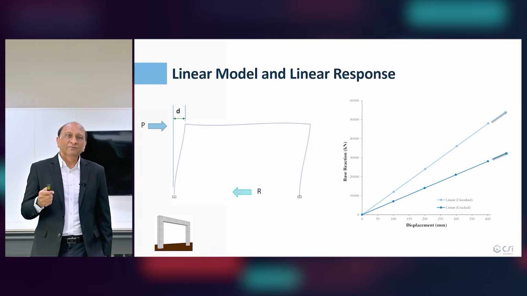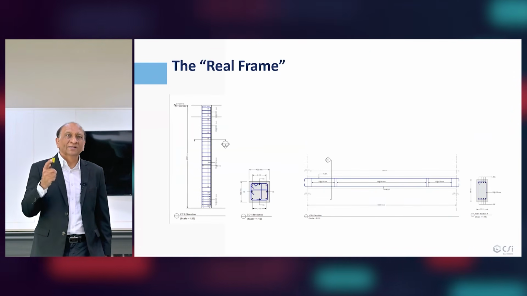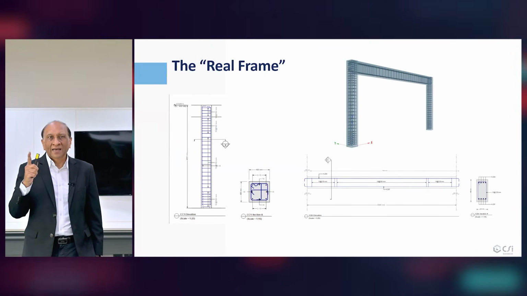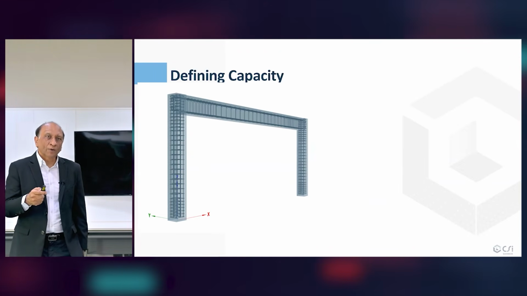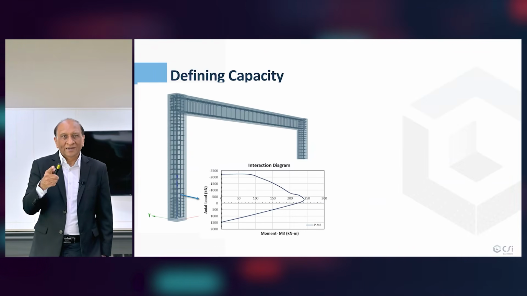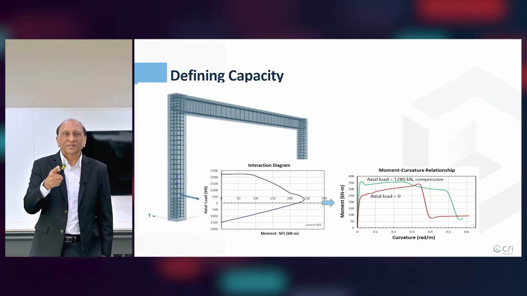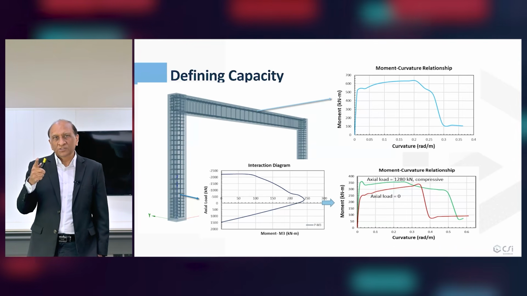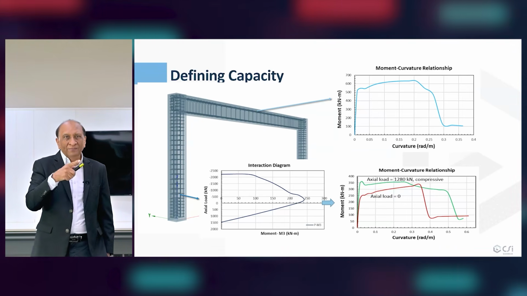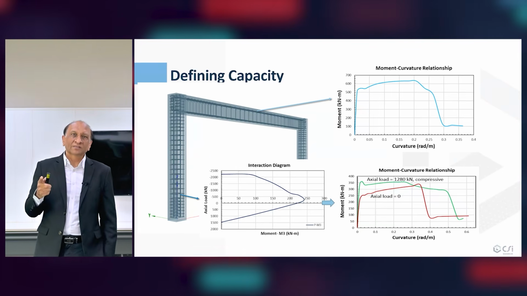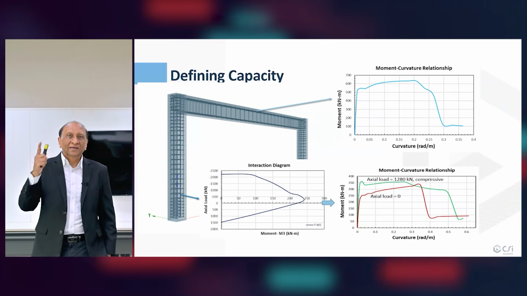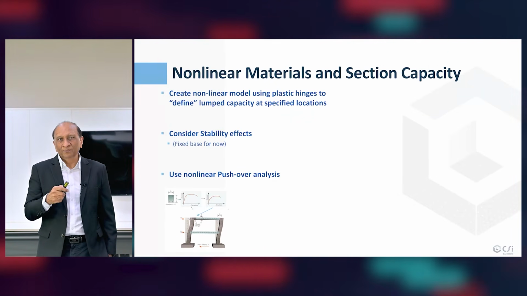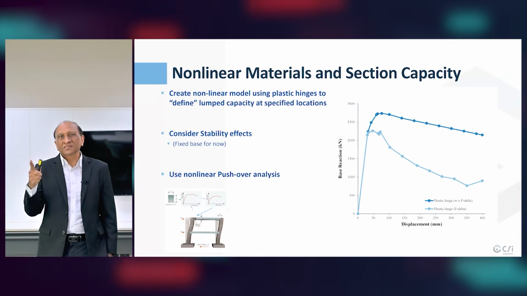But in reality, if you put the nonlinearity into this and bring in the actual frame dimensions, reinforcement, confinement, and everything, and create the proper model using the interaction curve, get the load capacity from there, and the moment-curvature curve for different axial loads, put them back into the moment-curvature relationship, and then for beam and column, both of them, you determine the moment-curvature relationship, put it back as a moment-rotation, and carry out a nonlinear pushover analysis, then using this diagram you will see that the nonlinear capacity will drop.